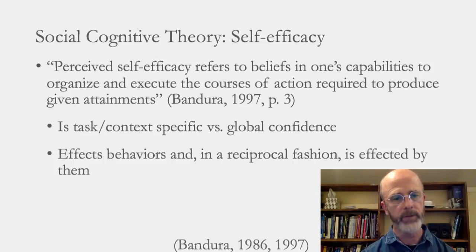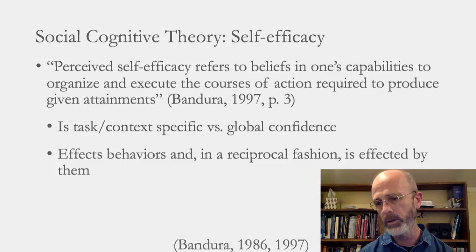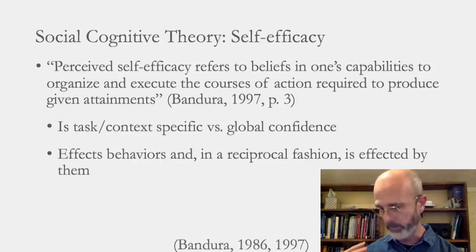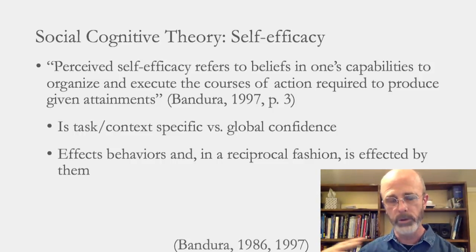According to Bandura, perceived self-efficacy refers to beliefs in one's capabilities to organize and execute the courses of action required to produce given attainments. So basically, what he's saying there is that self-efficacy is kind of like our confidence in our ability to do the things we need to do to achieve some end, right? To perform at a certain level or to achieve a particular goal. Okay.